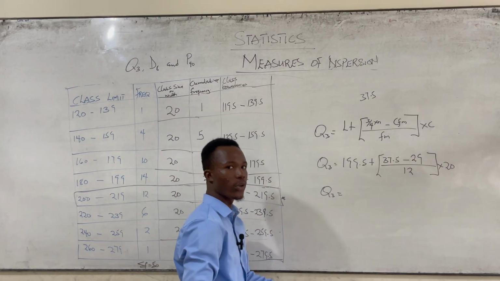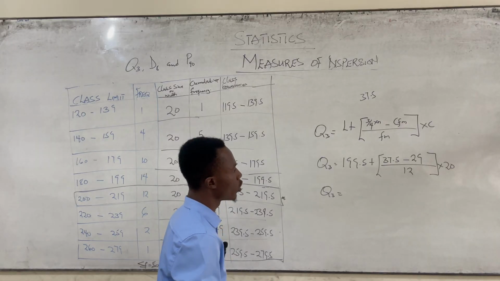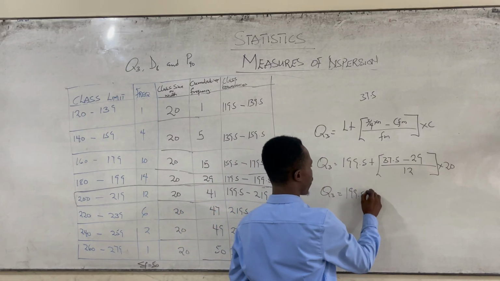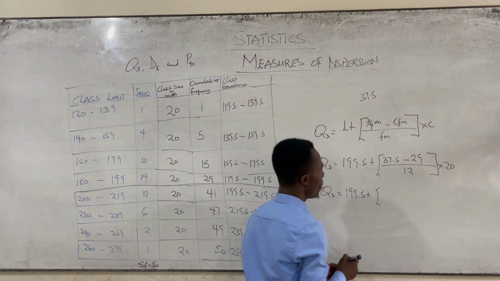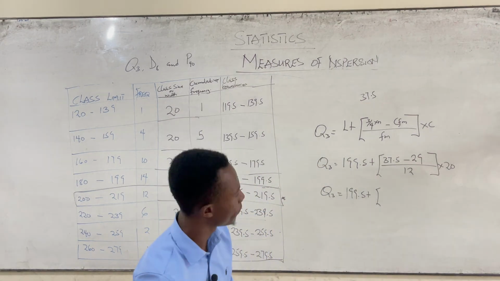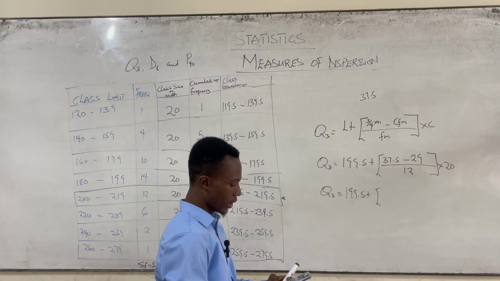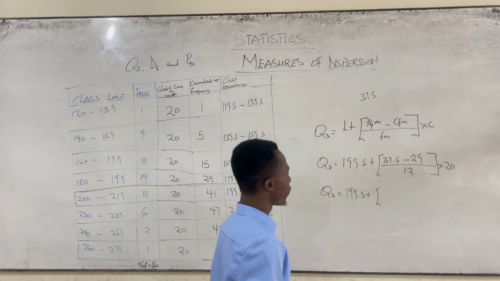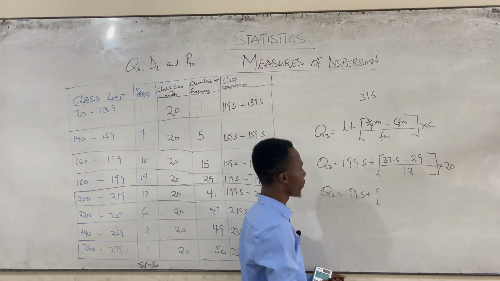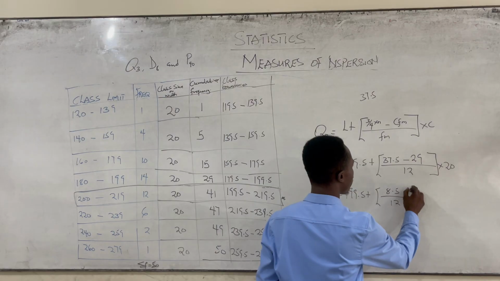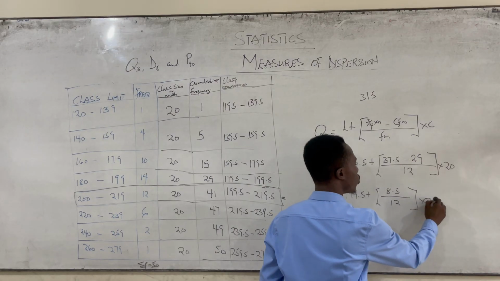In case you want to go further with the calculation, if it is theory and you want to show your steps, you can write Q3 equals 199.5 plus 37.5 minus 29. 37.5 minus 29 is 8.5, right? It's 8.5. So you have 8.5 over 12 multiplying with 20.